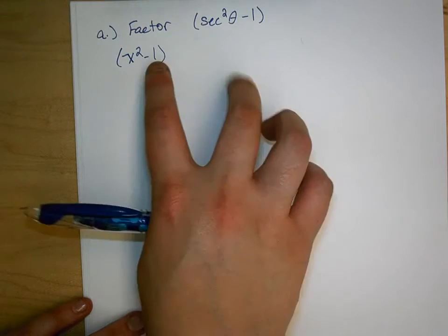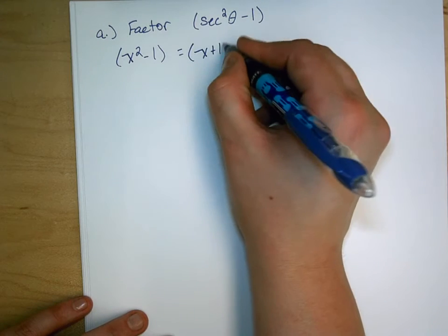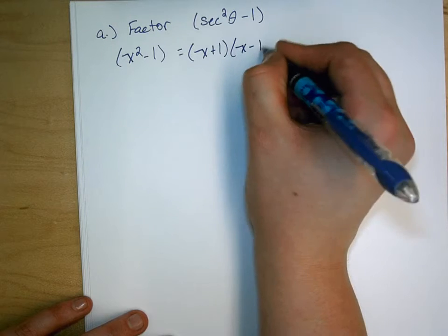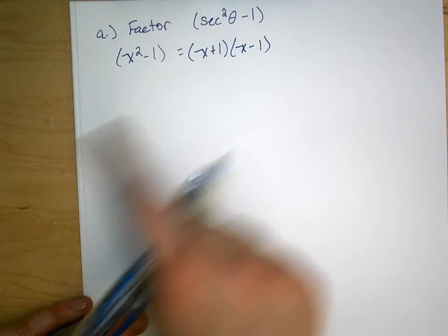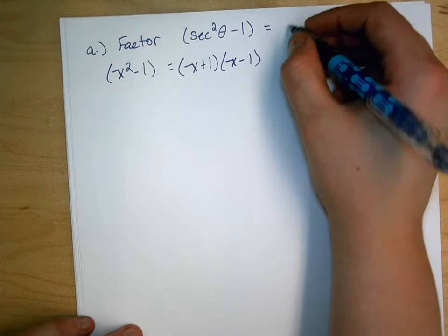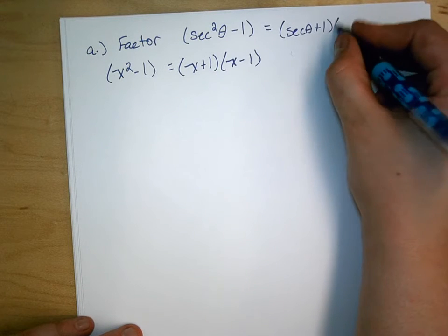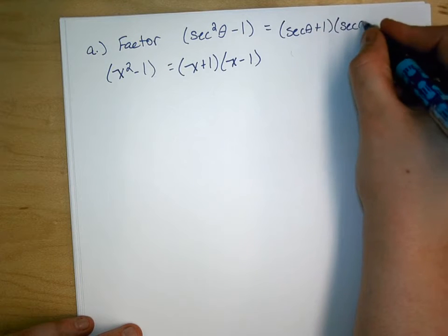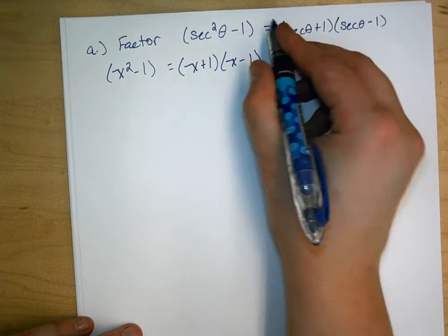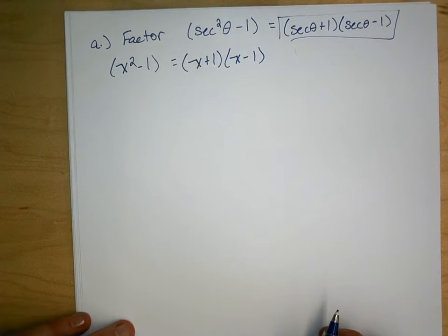We know that we can factor this and do x plus 1 times x minus 1. And I can do the same thing here. So if I factored that out, that would just be secant theta plus 1 times secant theta minus 1. And that would be done. All right, so just some simple factoring there.